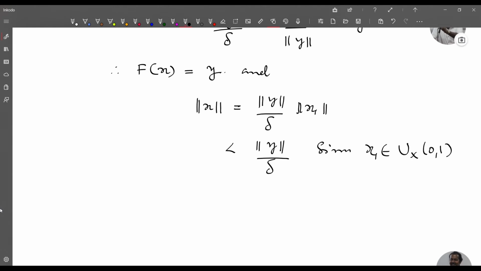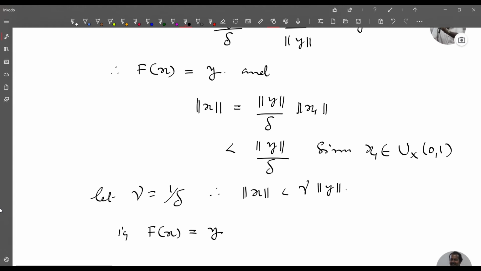See, let gamma be 1 by delta. Therefore, norm x is less than or equal to gamma times norm y. That is, f of x equal to y and norm x less than or equal to gamma times norm y for some gamma positive.